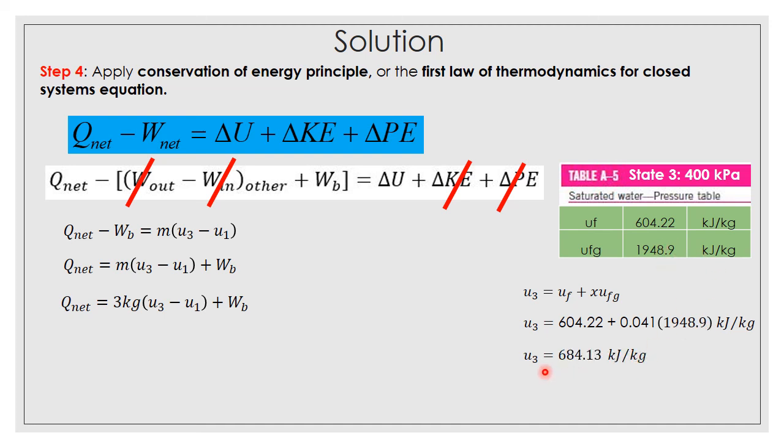We managed to get U3, the internal energy at state 3, as 684.13 kilojoule per kilogram. So we have solved the U3 part.